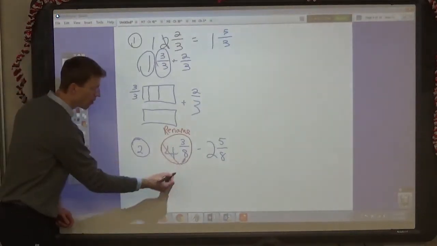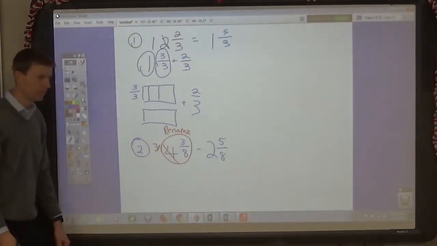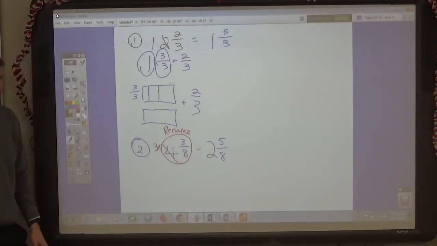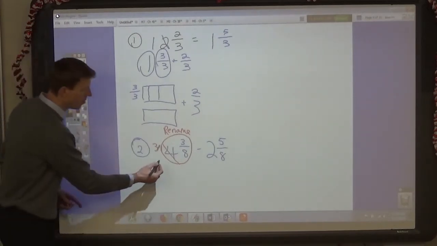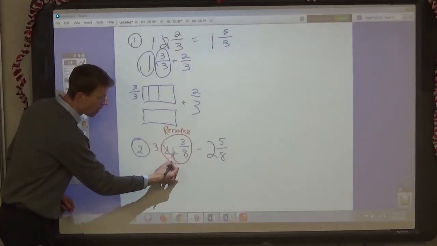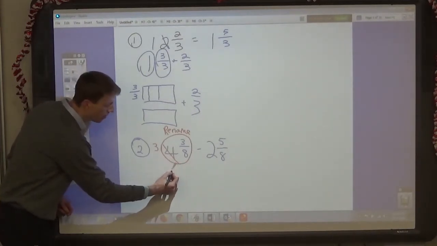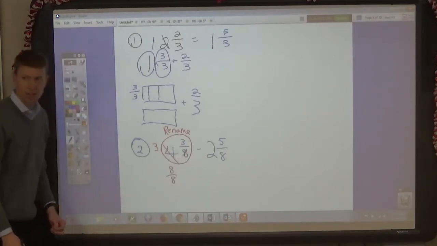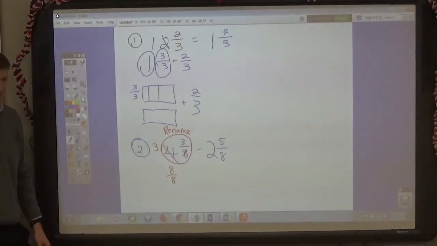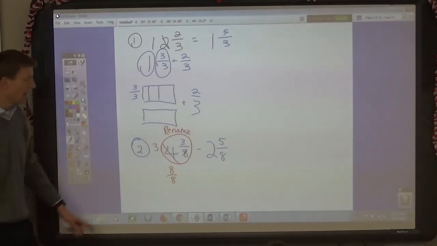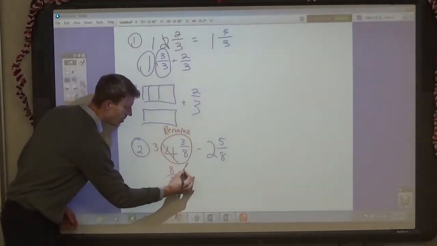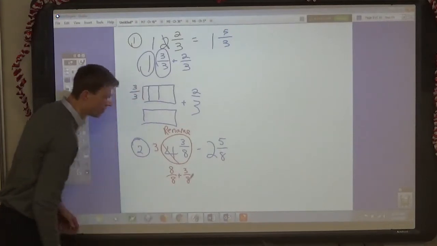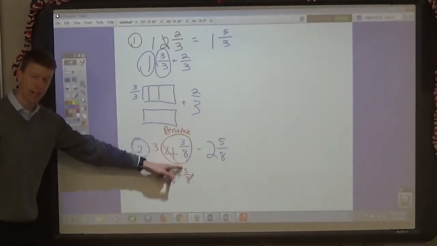Start by crossing out the 4 and writing 3. Concentrate. Now, you have to cut up that 1 that you took away into 8/8, and then add 3/8 because you still have 3/8.